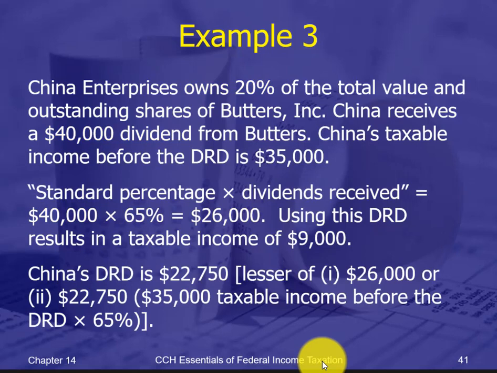We have to take our income before the DRD, the $35,000, and multiply that by the 65%. Well, in this case, that's only $22,750 instead of $26,000. So you use the lower. So our DRD is only $22,750 because of the taxable income limitation in this scenario.